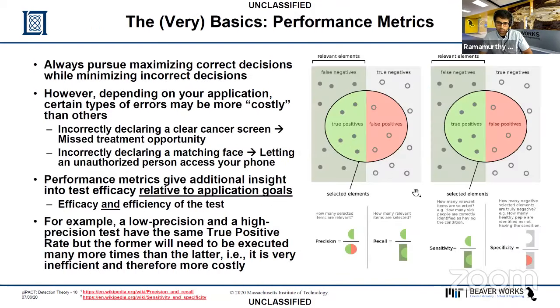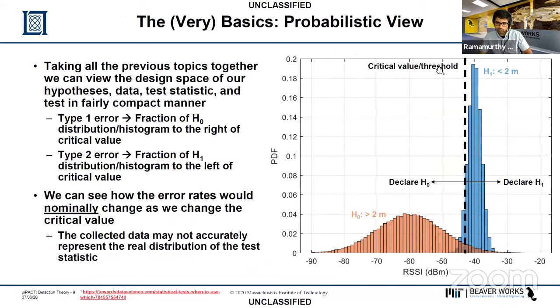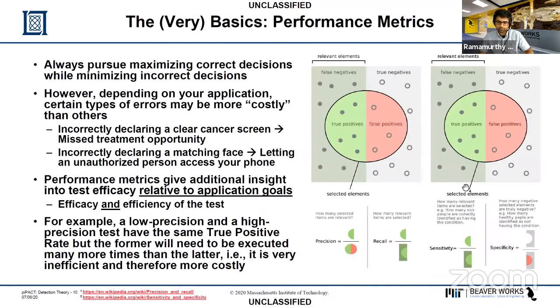A good example would be here: if I drew the line over here, like at -50, I'm going to get my true positives, but I'm going to have a lot of misses. All right, and so that's a pretty good starting point. But as I move the line over, eventually I'm going to get some false positives, and I'm going to start missing some of my true positives.